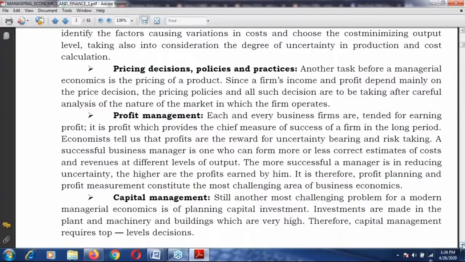Then there is what we call a simultaneous equations method. As we all know, this involves explaining the behavior of all the variables which the companies can control.